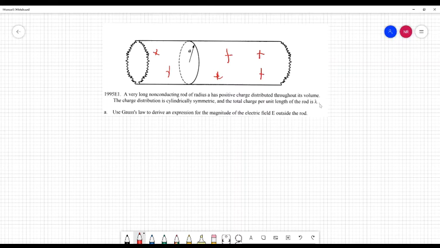So for part A, we have to use Gauss's law to derive an expression. Gauss's law states that the integral of E dot dA is equal to Q enclosed over epsilon naught, where epsilon naught is a constant.